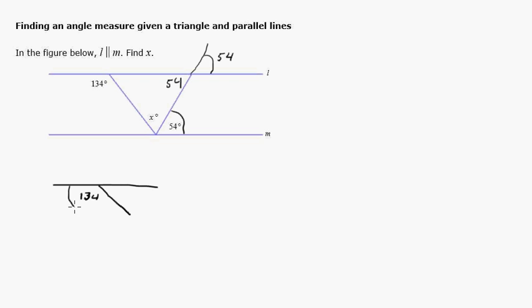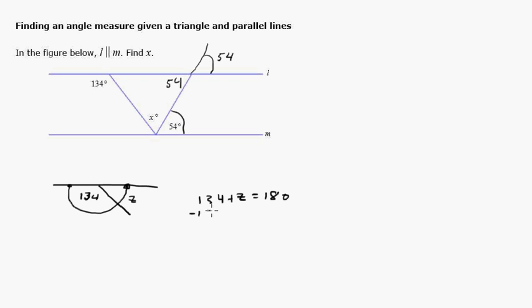But we also know that the whole thing, from this part of the line all the way over, let's just call this Z for right now, should be 180. So 134 plus Z equals 180.